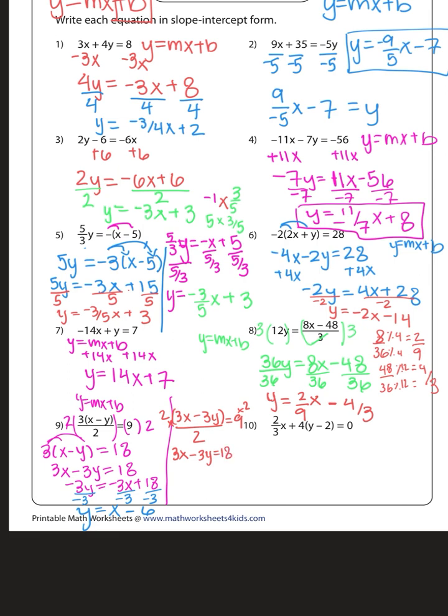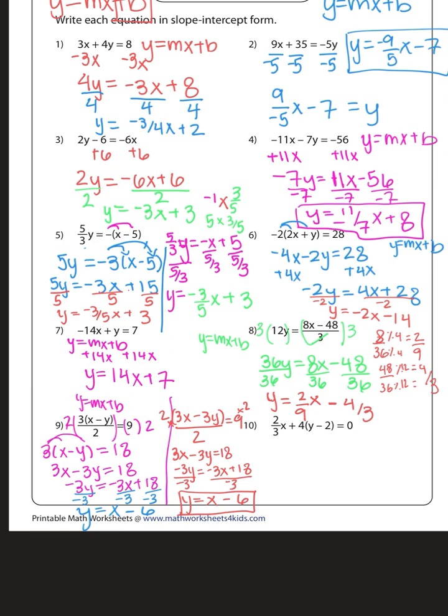Then we will subtract 3x from both sides like we did before. So negative 3x plus 18. And we divide by negative 3. And we get y is equal to x minus 6. So 2 different ways, the same answer.